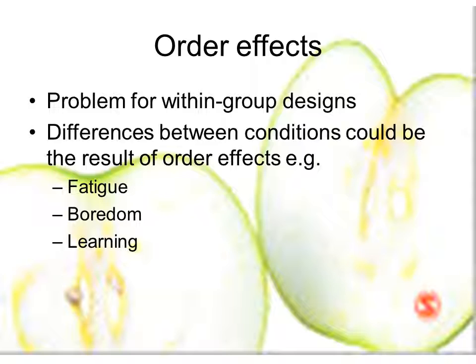So the differences between conditions could be the result of effects such as the book talks about: fatigue for the individual within the group, boredom with the project that they've allowed themselves to be involved in. Did they learn something along the way?